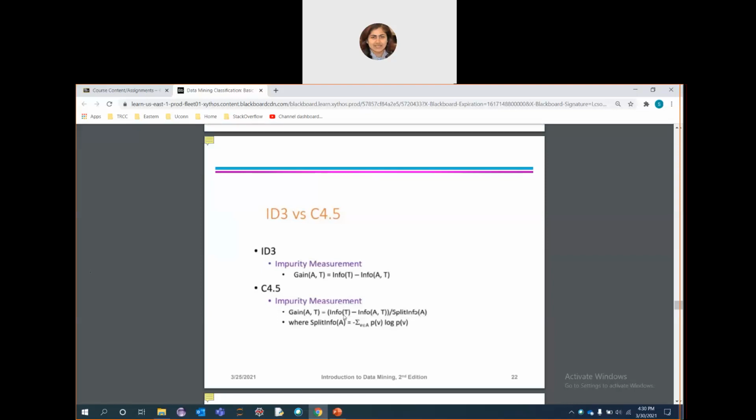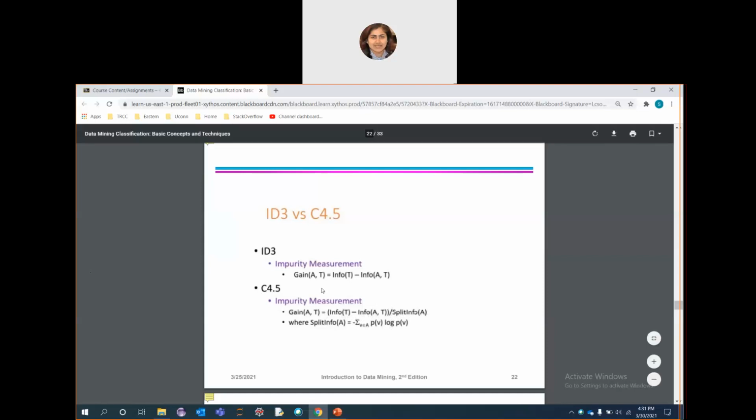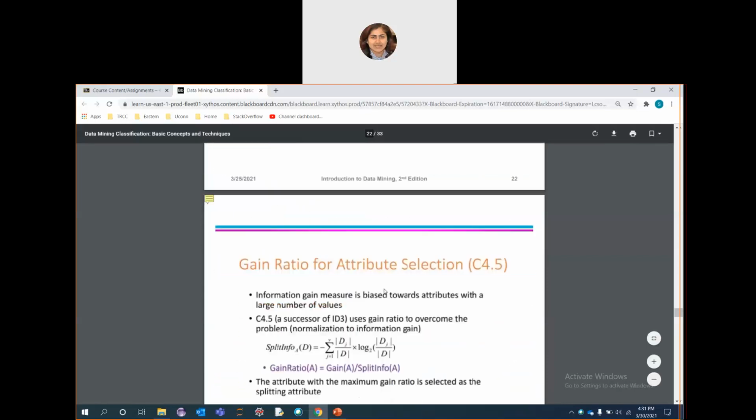Okay, and split info A is a little bit different to calculate. So this is how it will be calculated. We basically take the probabilities of all the attributes and then sum them together and take a negative sign of that. And we need to divide by overall info T and info AT. So let's see one example based on this formula.